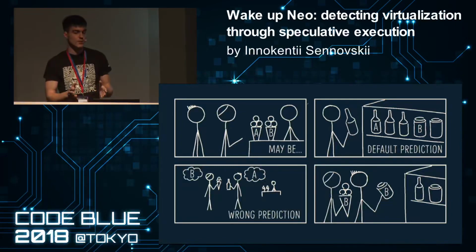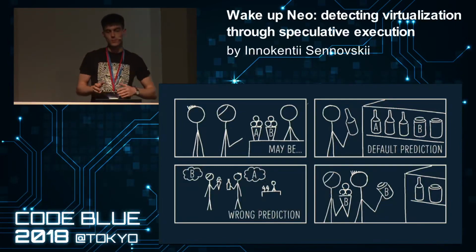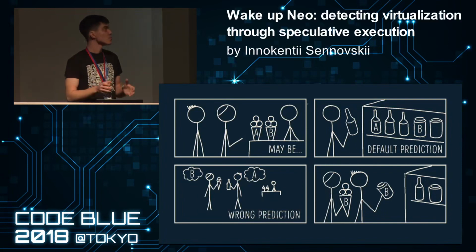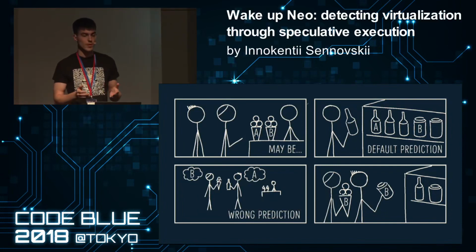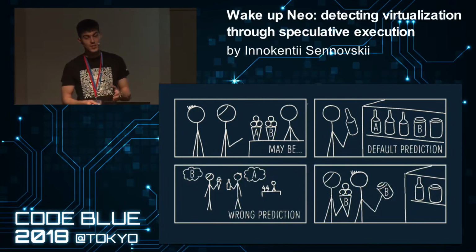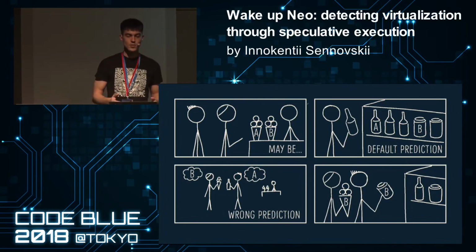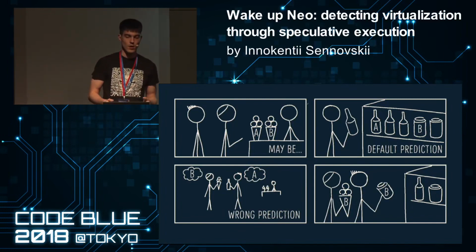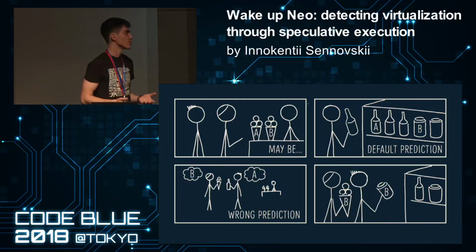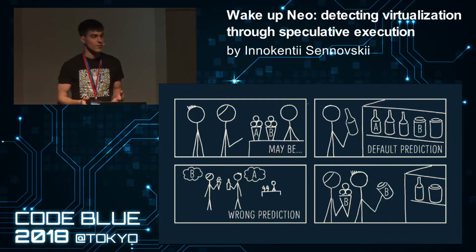Now, speculative execution is a little bit like standing in a queue for ice cream. For example, you have two flavors, A and B. You and your friends are waiting and one of you decides to go and get drinks. The problem is that a particular flavor of ice cream only works with a particular flavor of drink. The guy gets the drink, then you meet and you see that you mismatched. You got the flavor of ice cream which doesn't work with this particular drink.